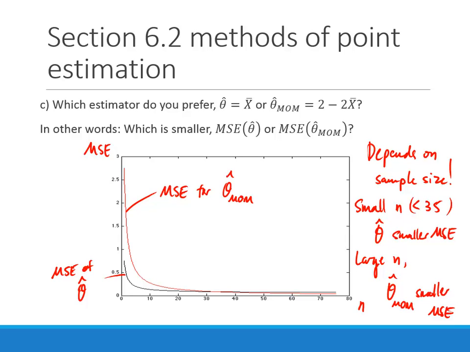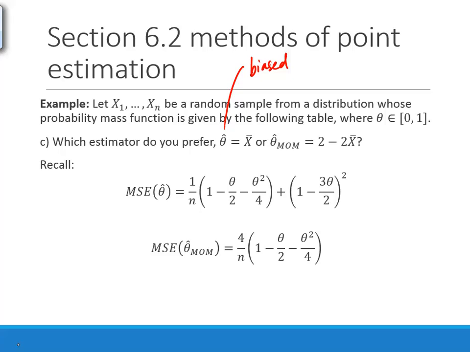Okay, so again, the key thing comes down to comparing the mean squared errors here. Sometimes it will be a little more obvious how to directly compare those two things. Here it's not at all obvious, so we can plot the mean squared error and use that to see which one is smaller. That's just as good.